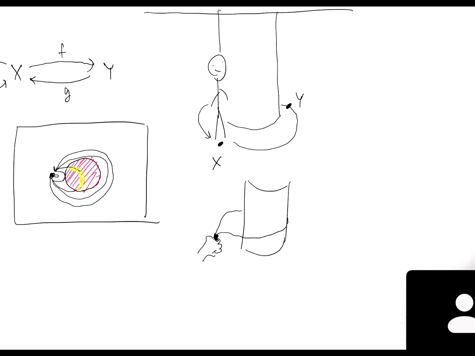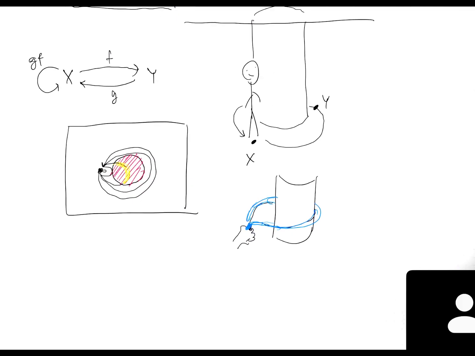If I now think of starting here, going around, and then coming back, if I form this longer string that starts here, goes around, and then comes back, then I can pull this end, make it shorter, make it shorter, make it shorter, and eventually liberate my string from the pole, and so the effect of that is that this GF will have a second thing going backwards that will be its inverse. So this GF will be an isomorphism.